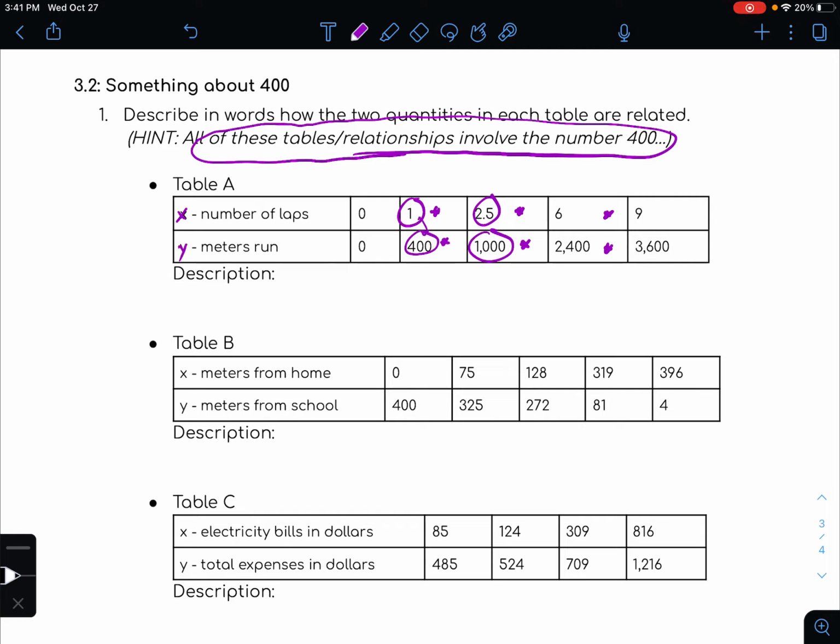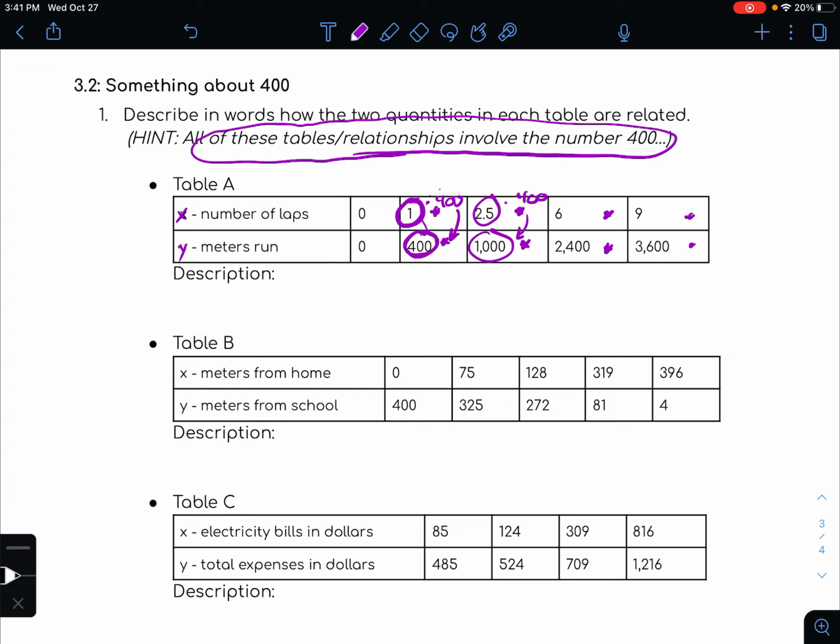If you look at that, maybe study it for a little bit, you notice that if we multiply the top row by 400, we get the bottom row. In other words, 1 times 400 is 400. 2.5 times 400 is 1,000.